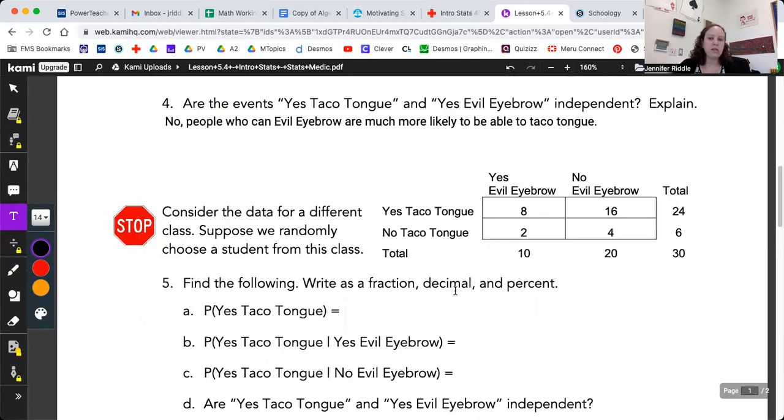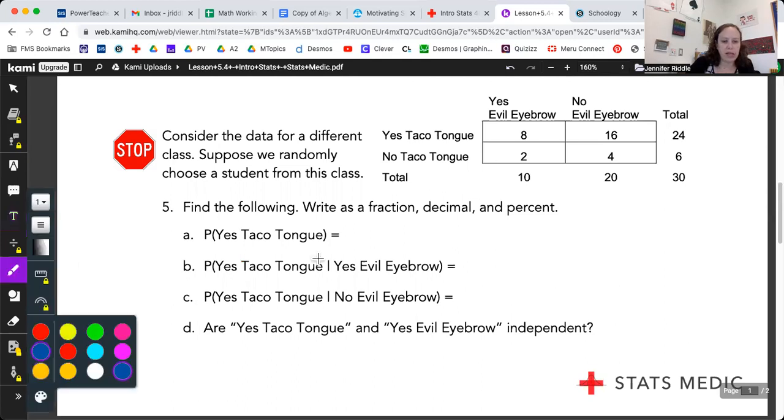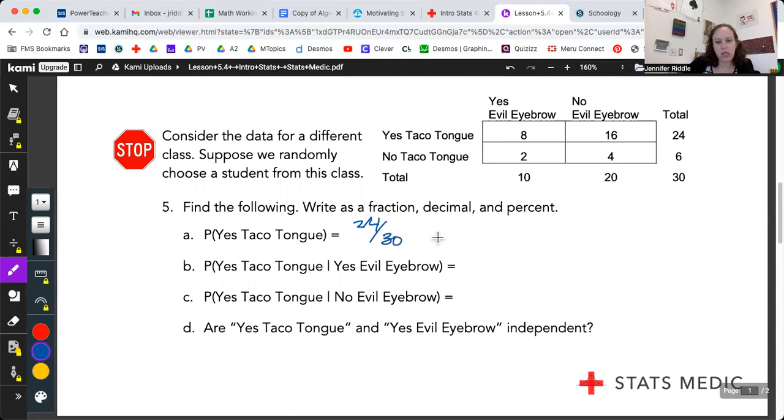But let's consider the data from a different class. Okay, so here's the data from this class. We want to find the following probabilities. The first one says yes for taco tongue. So yes, taco tongue, I had 24 out of 30, which is 0.80 or 80%.